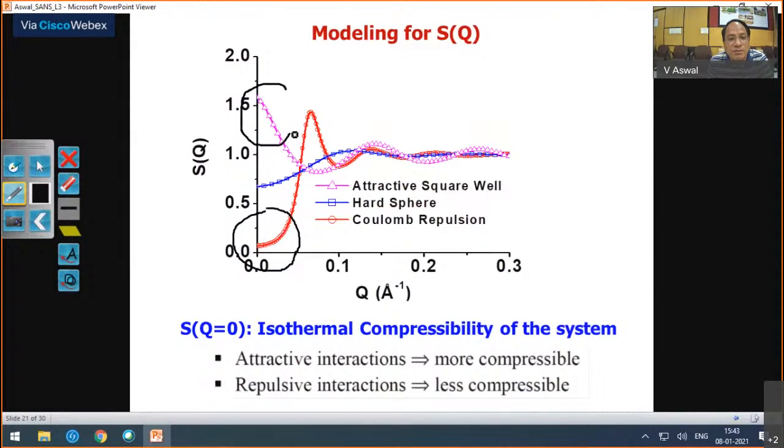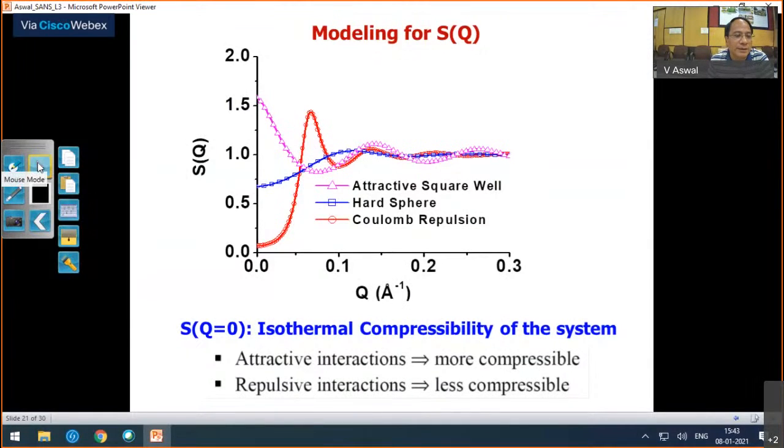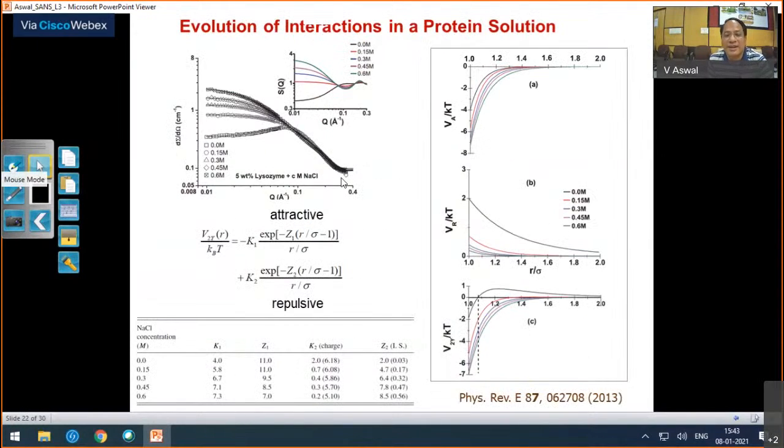So to assume whether your interaction is repulsive or attractive, you can look at low Q regions. That would help you to start the model to fit the structure factor. So by looking at the features in the scattering intensity, you have some initial model for form factor and also an initial model for structure factor. Then you can fit the data.